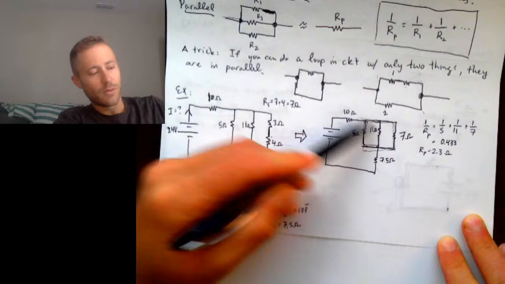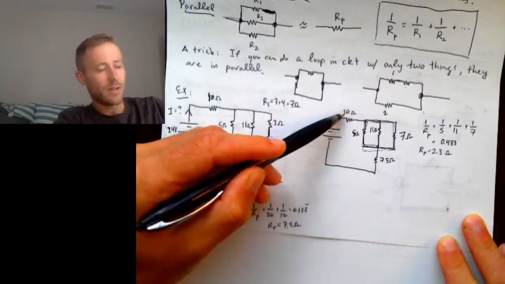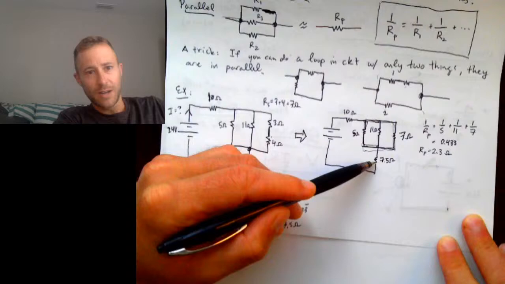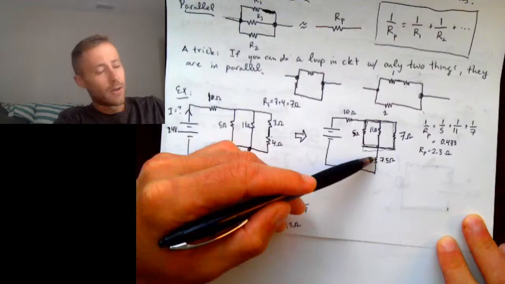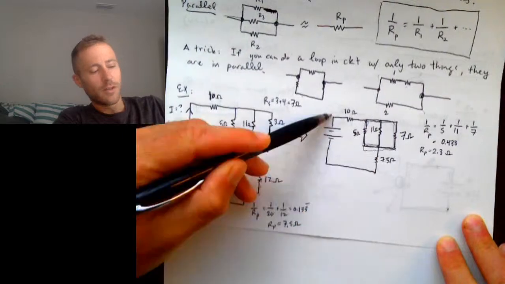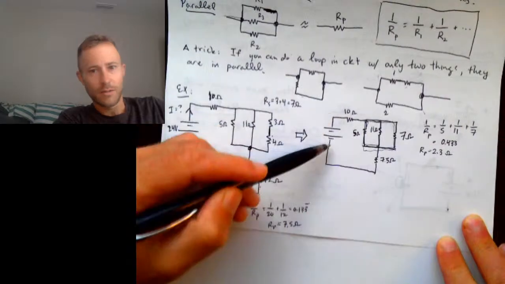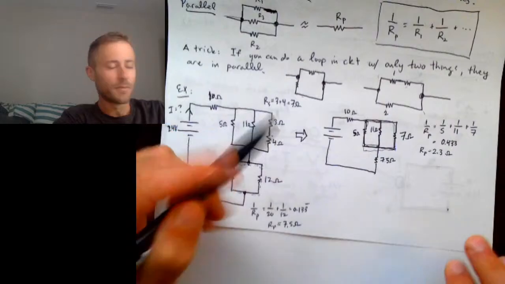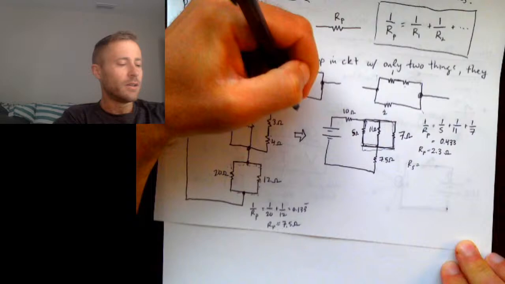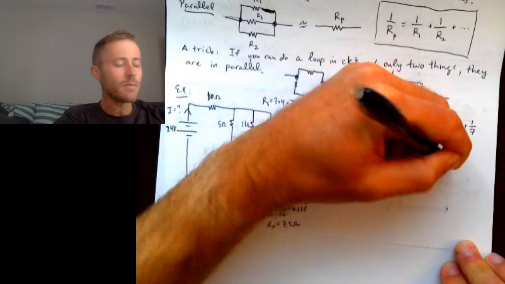But if I go in the other direction, I can get from the 7.5 to the 10. So even though they're not directly next to each other, they are in series, okay? Because if I go this way, there's no splitting of the wire along that path. Okay, it just stays one wire without any forks going off to the side. So I have R sub S is 10 plus 7.5 equals 17.5 ohms.